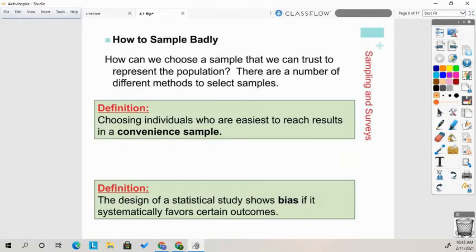Okay, there are a lot of ways to sample badly. One of the first ways to sample badly is a convenient sample. And a convenient sample is convenient to whoever is doing the sampling. So let's say you wanted to ask students about parking at Urbana High.